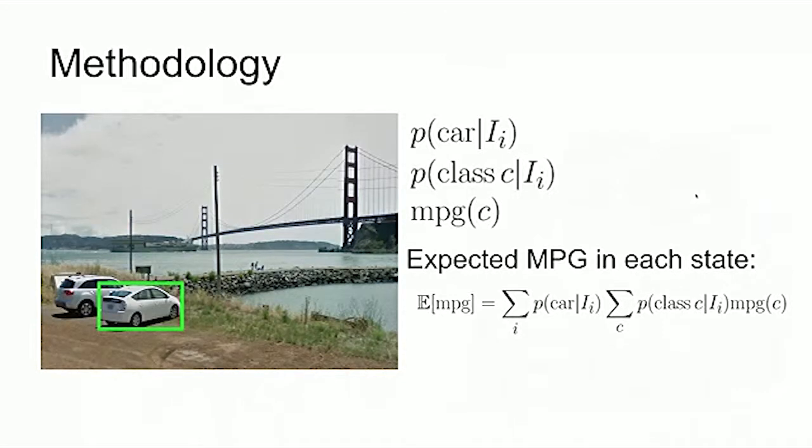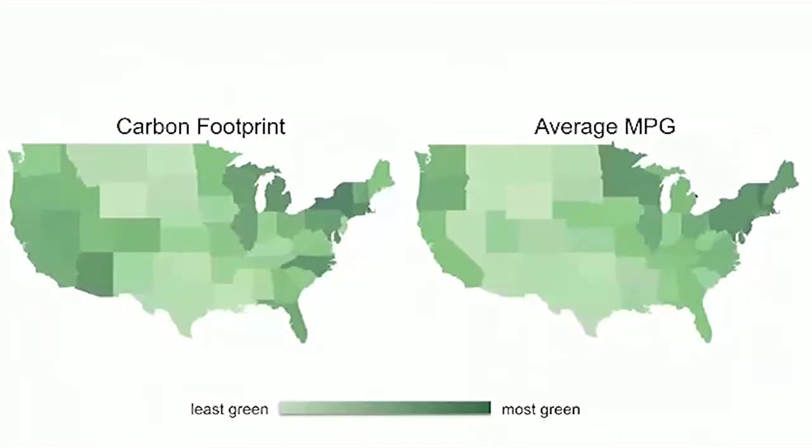Just a very simple calculation. And so we map out, based on our calculations, what we think the average miles per gallon is. So you look at California here. Using all of the cities in our data set in California, we just calculate what the average fuel efficiency is of California, etc. Here we just use fuel efficiency, and then here we have carbon footprint data that we got from the EPA, I think.